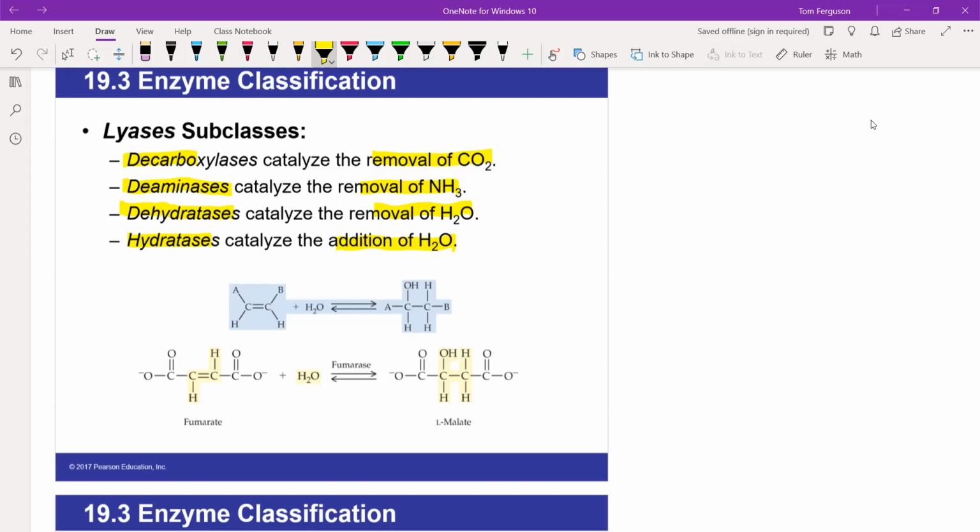And as you remember from unit 1, when we add water across the double bond, we create an alcohol. In this case, because it's in the middle of the backbone, it's going to form a secondary alcohol.